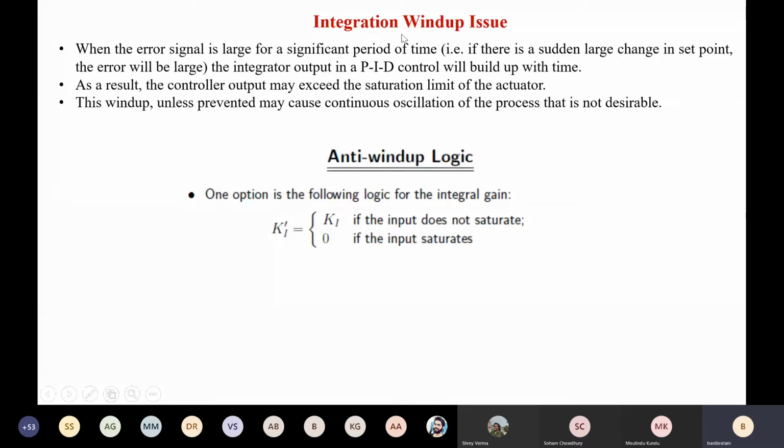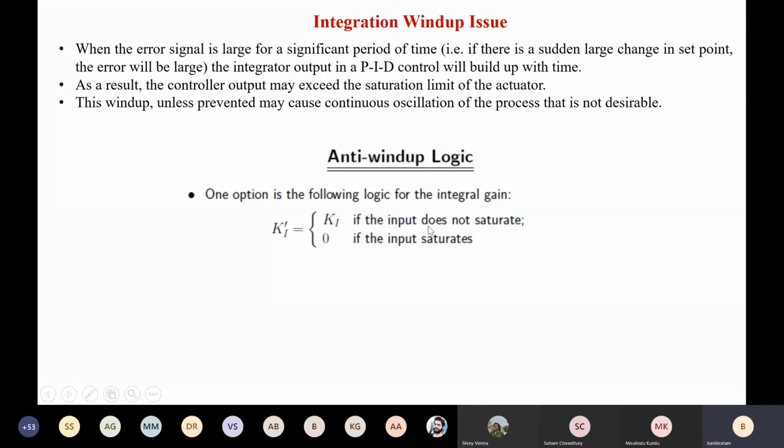Now there are different logics or circuits which can take care of the integration wind up issue, and one very simple logic we are explaining here is called the anti wind up logic. What is that logic? We will just check the output of the controller, or the input to the actuator, whatever you say.